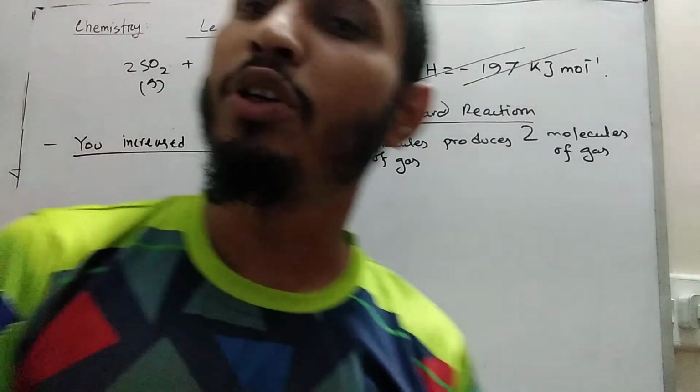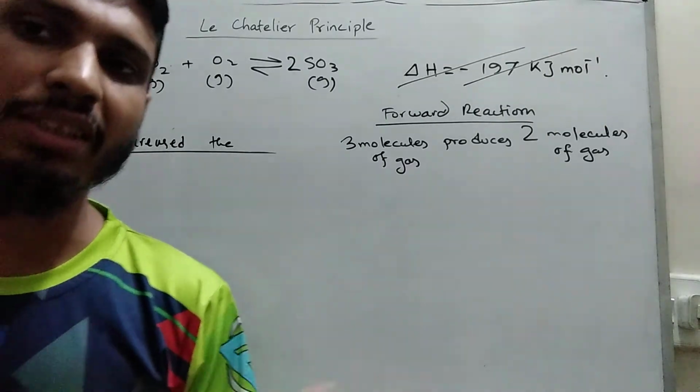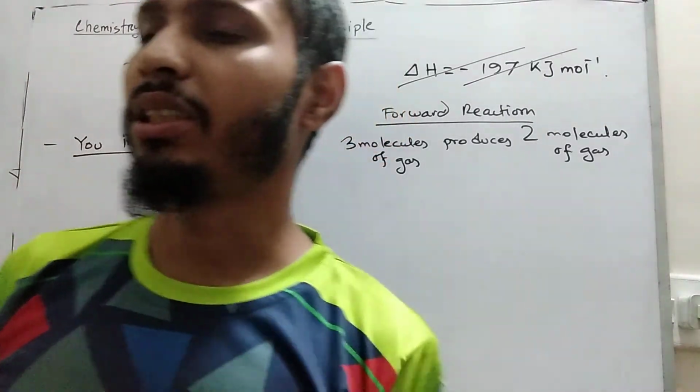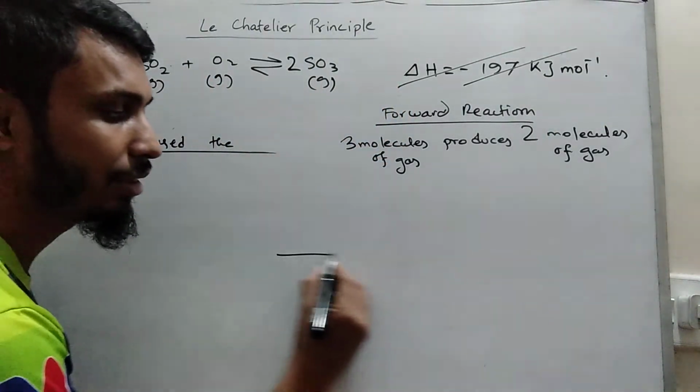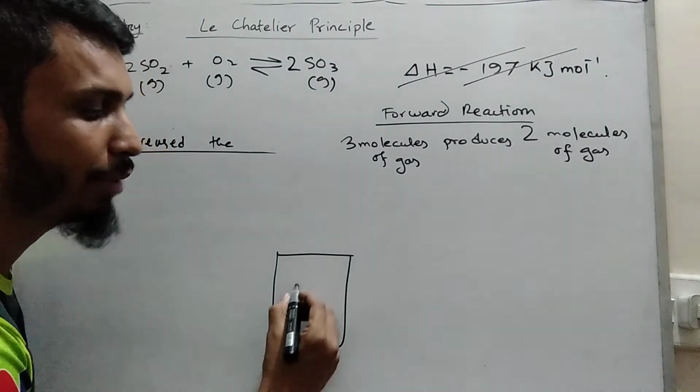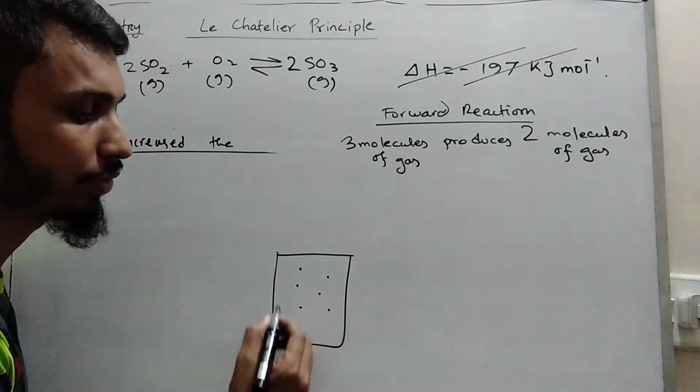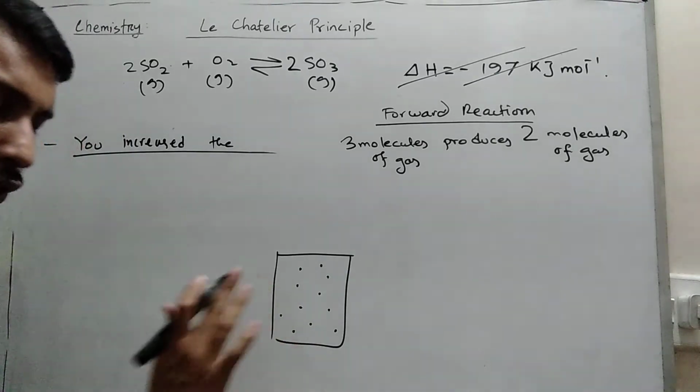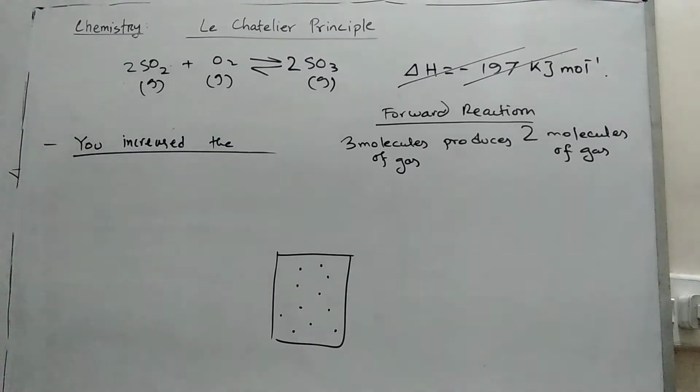You see, when the number of molecules of gas decreases, the pressure decreases. Let's say you have a container here, and if I give you 10 molecules here, 1, 2, 3, 4, 5, 6, 7, 8, 9, 10, they are going to collide with the walls of the container, and this collision will result in the pressure.